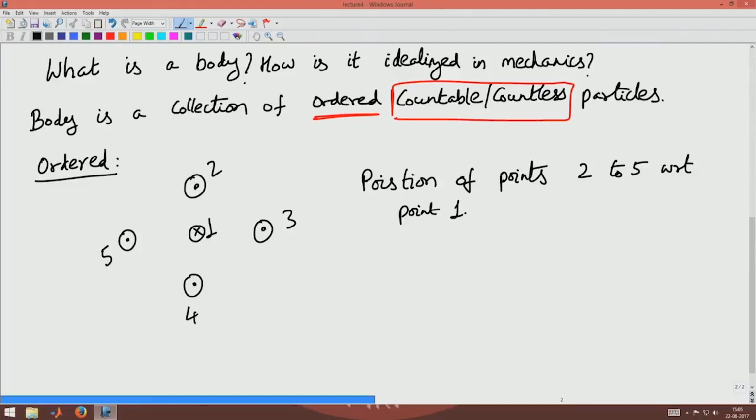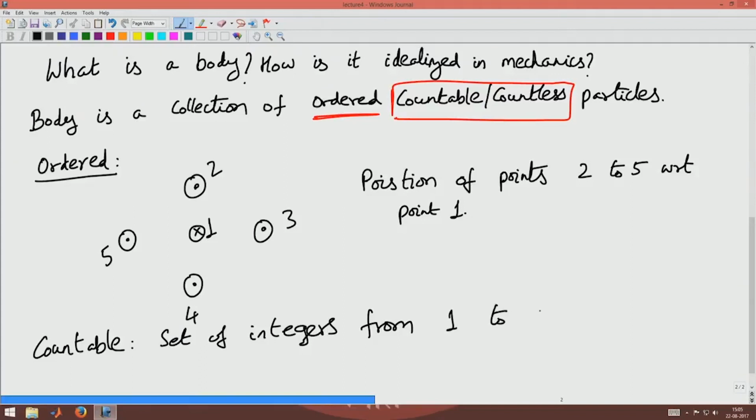Next, to understand what is the difference between countable and countless. Countable means it can be a set of integers from say 1 to 10,000.